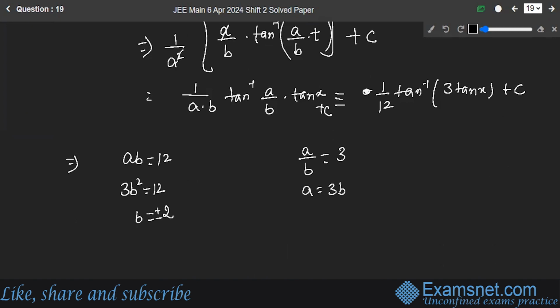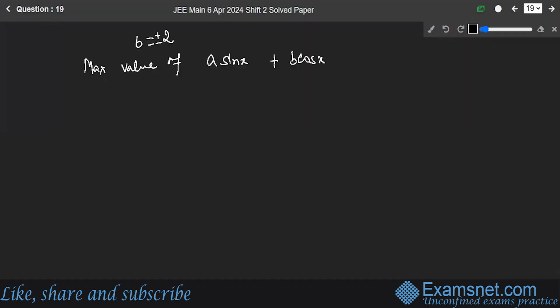Right. Now for the maximum value, what do you have to find out? The max value of a sin x plus b cos x. Let's solve this. Let's say this is equal to y is equal to a sin x plus b cos x.